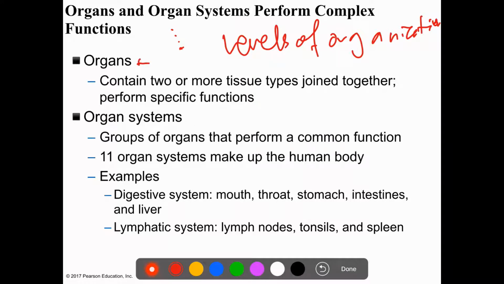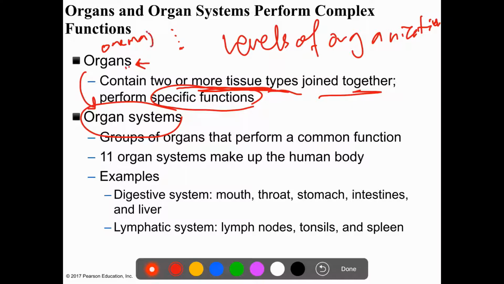Now we are going to see the organs, and how these organs form the organ systems. These organs will contain one or two of these tissue types, and they are joined together to perform a specific function. So usually each organ will perform one major function and some little other functions.